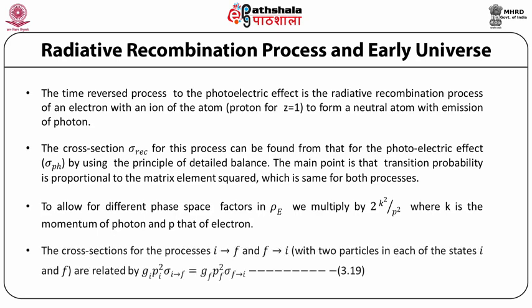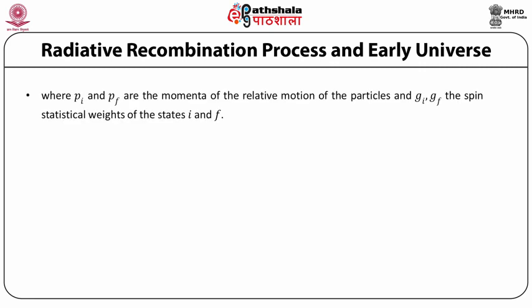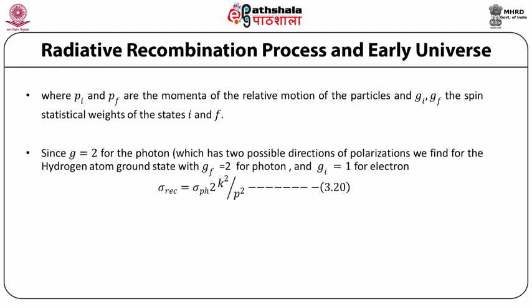The cross sections for the process I going to F and F going to I with two particles in each of the states I and F are related by Gi into Pi squared into sigma I going to F is equal to Gf into Pf squared into sigma F going to I, where Pi and Pf are the momenta of the relative motion of the particles and Gi and Gf the spin statistical weights of the states I and F. Since G equals 2 for the photon, which has two possible directions of polarization, we find for the hydrogen atom ground state, with Gf equal to 2 for the photon and Gi equal to 1 for the electron, sigma recombination is equal to sigma photoelectric effect into 2 into k squared by p squared, which is equation 320.